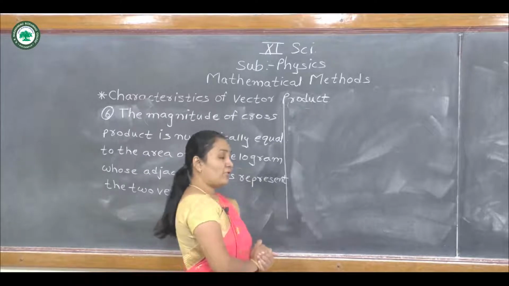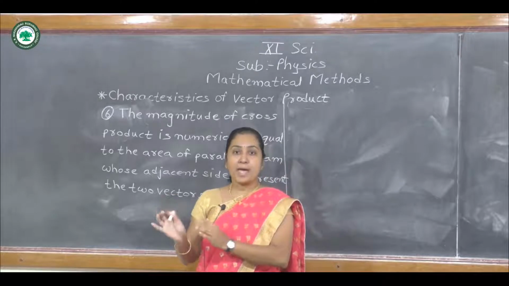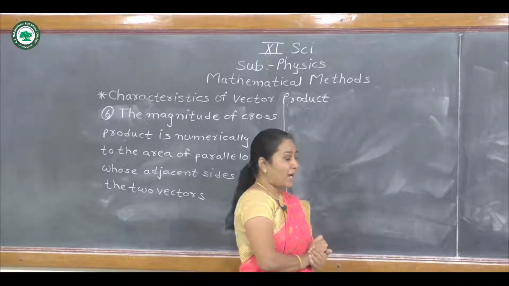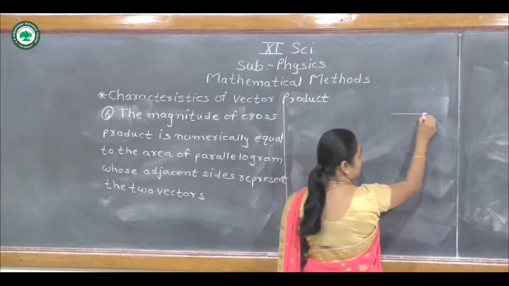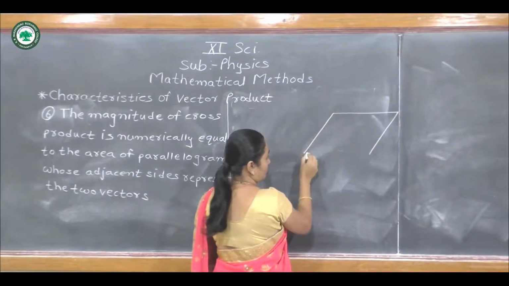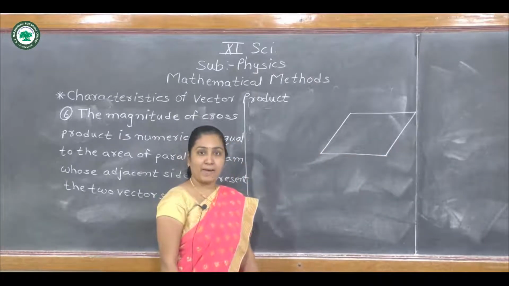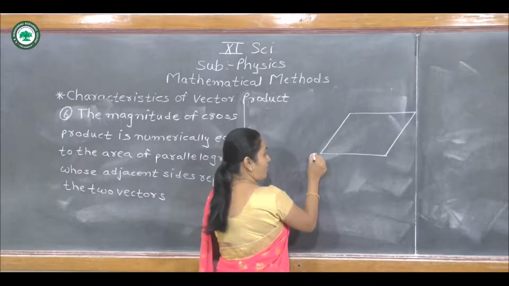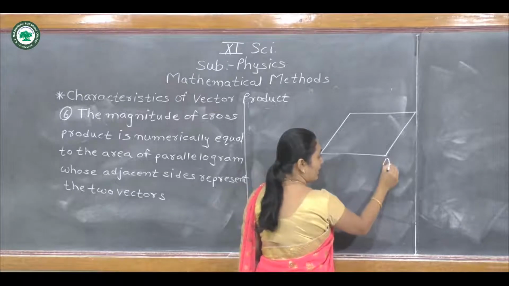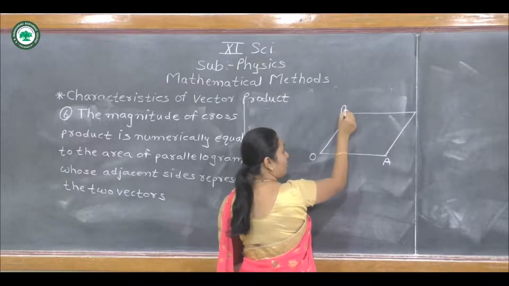So now we have to prove that the area of parallelogram is equal to the magnitude of cross product. So for that we will draw a parallelogram. Suppose this is one parallelogram. This is point O of a parallelogram. This is vector OA. This is vector OB.